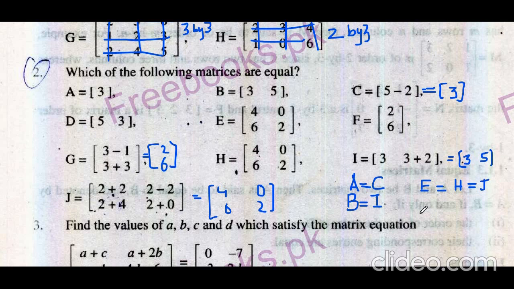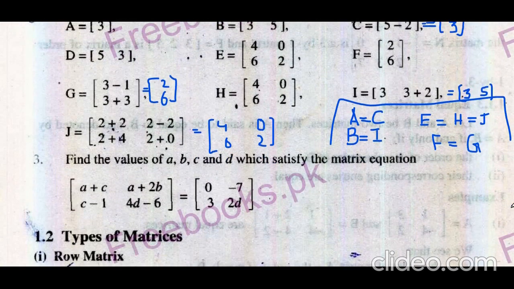G is 2, 6. So we can write matrix F equals matrix G. Clear? This is the answer for your question number 2. Which of the following matrices are equal?